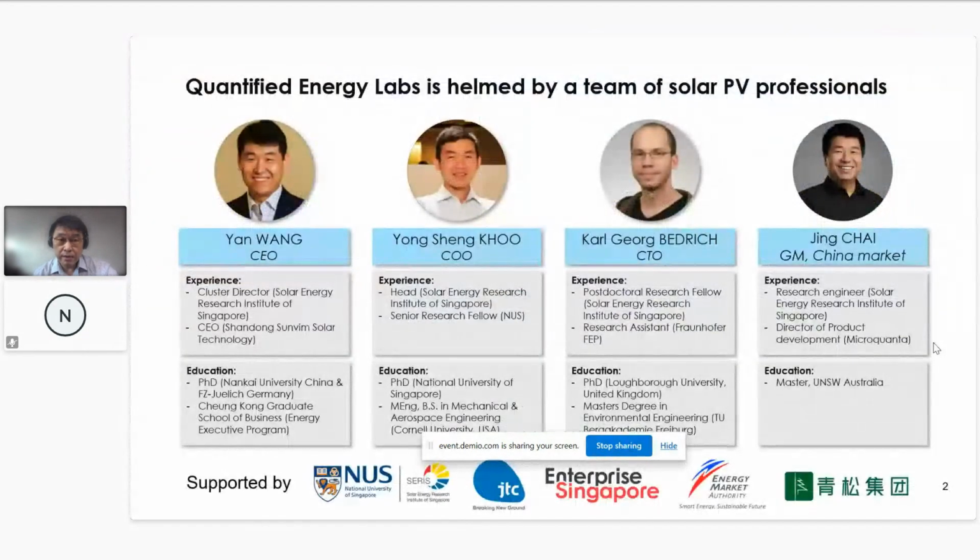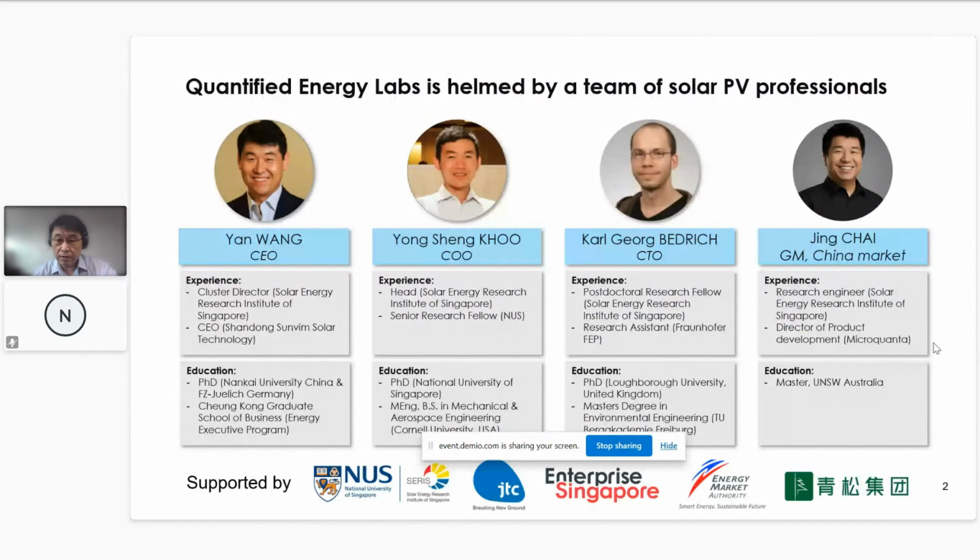Quantified Energy Labs was founded by a group of senior research fellows from the Solar Energy Research Institute of Singapore. I'm Wang Yan, the CEO of the company, driving the application of the drone EL.